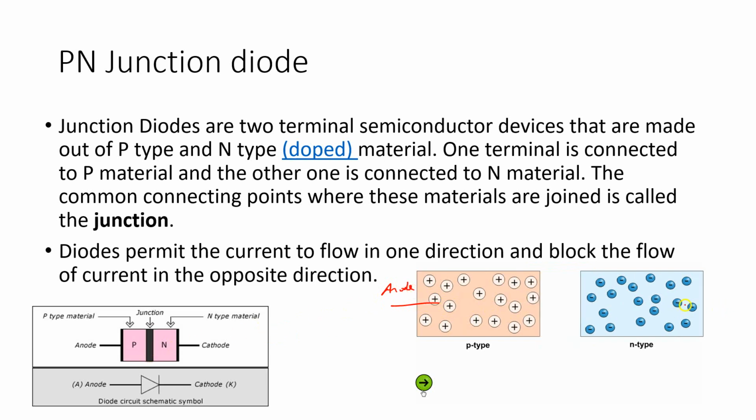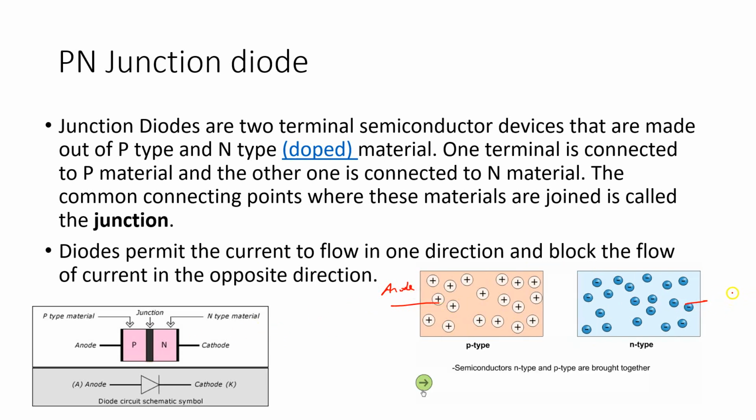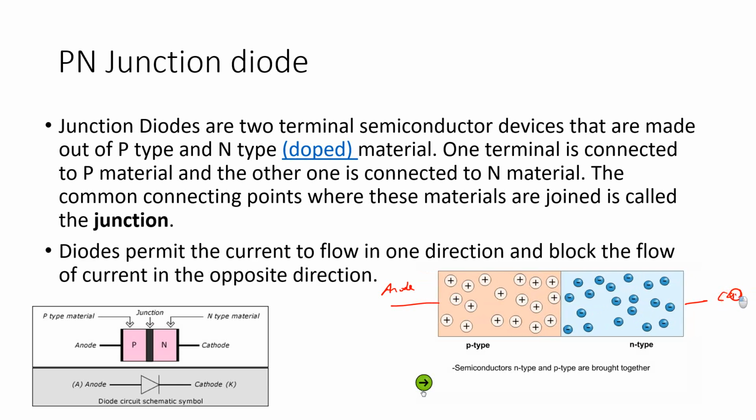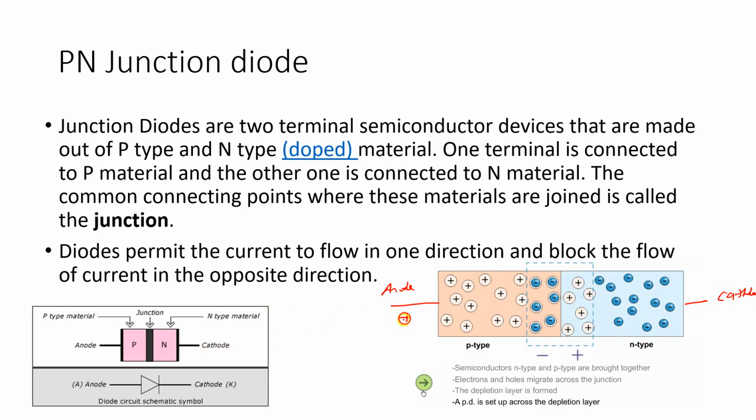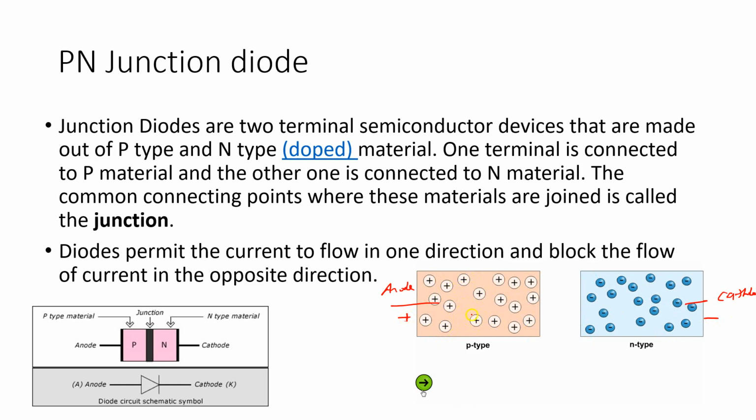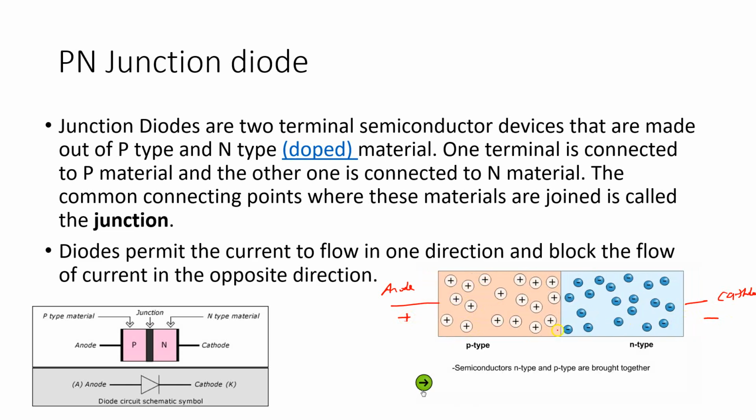Then this side would be the cathode, because that's the n-type, the n side. You could say that this side is the positive side and this side is the negative side as well, because there are more positives on this side and more negatives on that side.